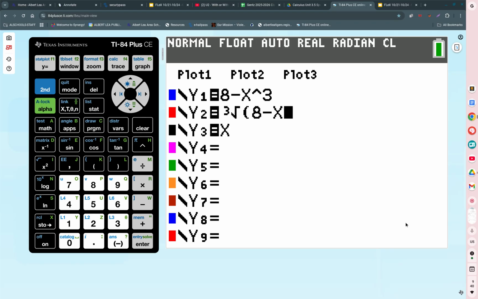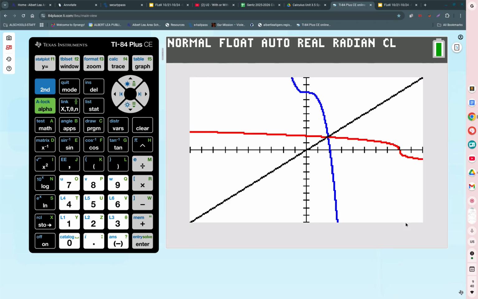And I'm going to look and see if they, oh, wow, isn't that cool? They're perfectly reflected, aren't they? Yeah. We know we did it right. Pretty cool. I love how math can just confirm itself. It's neat that way.